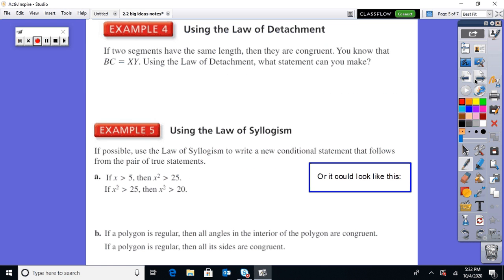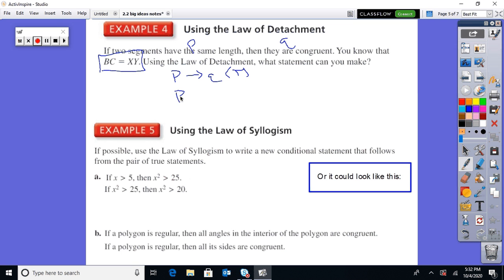First one, law of detachment. So sometimes it's good to label these things. If two segments have the same length, there's your P. Then they are congruent. There's your Q. You know that BC equals XY. So that's them saying the P part is true. So remember what detachment said. Detachment said P to Q is true.